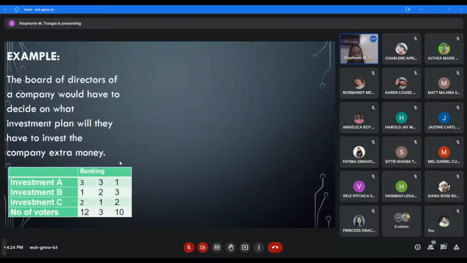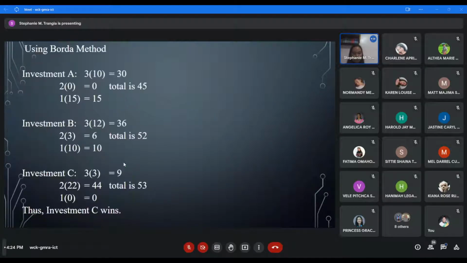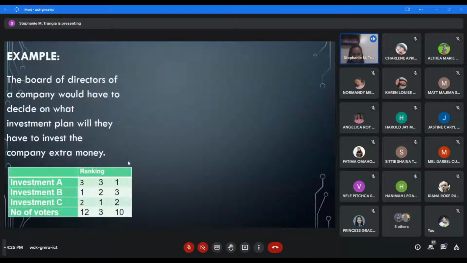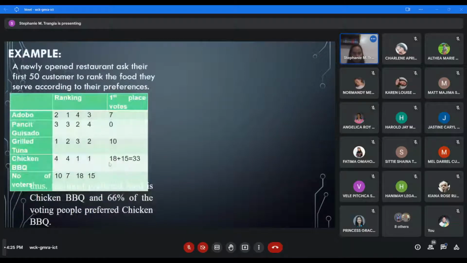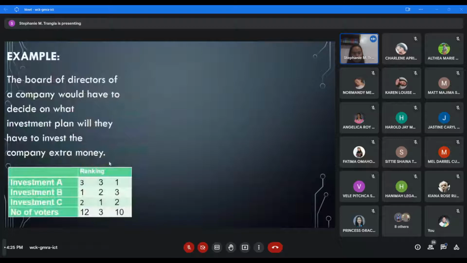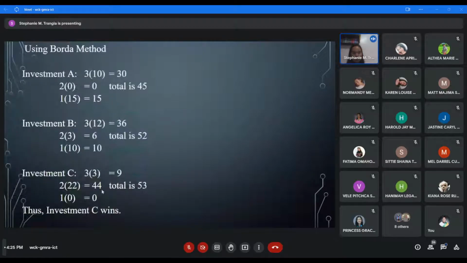sorry. That's second place, two groups got second place, so that's 15 total votes times 2, so that's 30. Sorry, 12 plus 10 is 22 votes for second place, times 2 points, so that's 44.